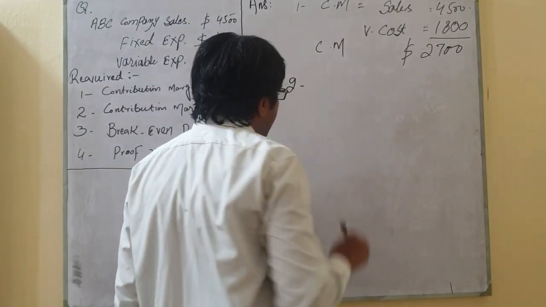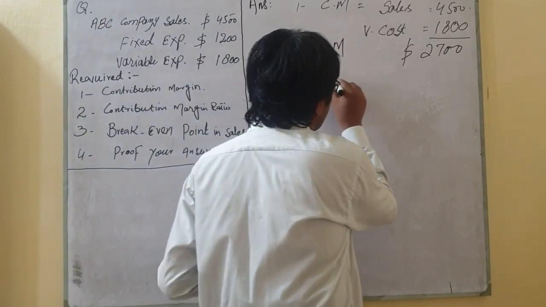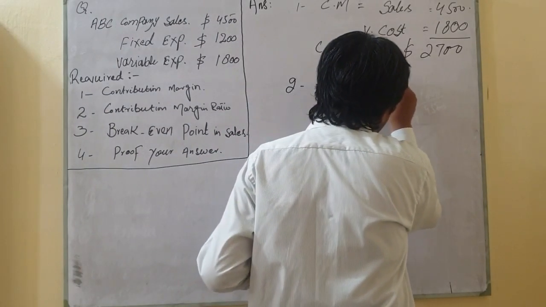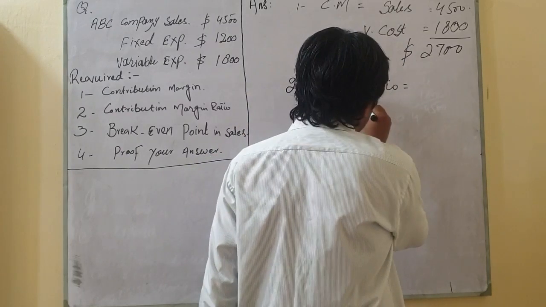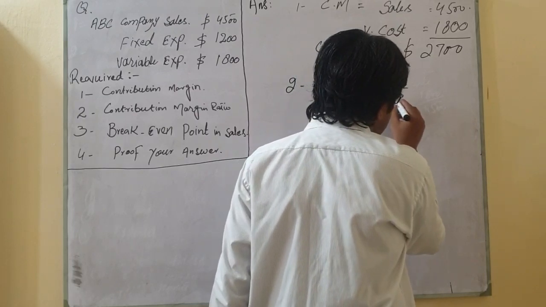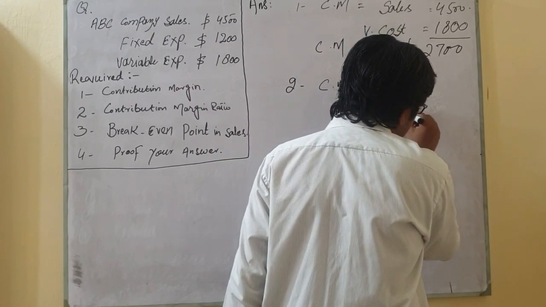Our next requirement is contribution margin ratio. Contribution margin ratio can be calculated through this formula: 1 minus variable cost over total sale.